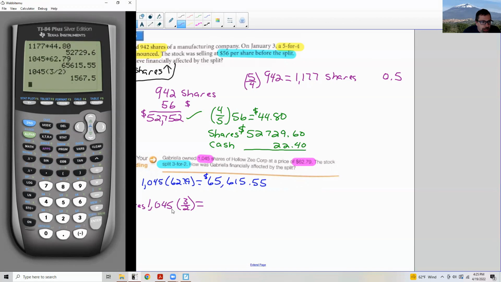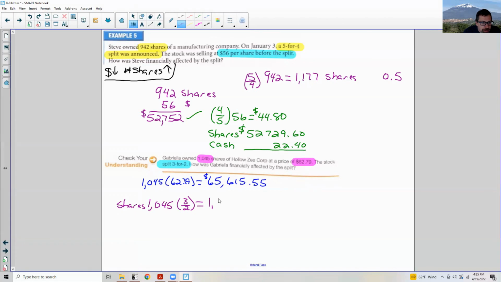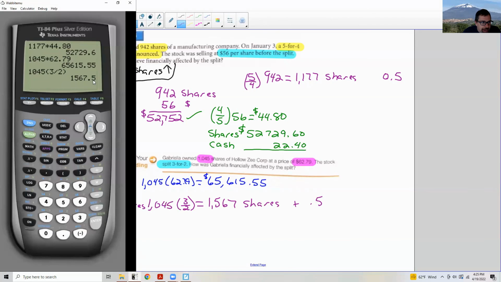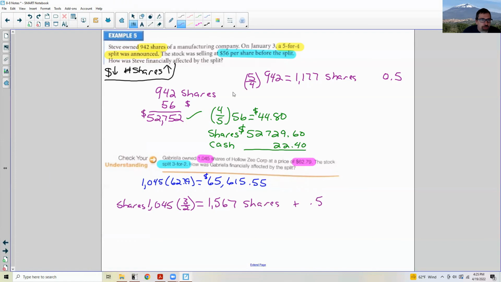It's going to come out to be 1,567 shares plus 0.5. Okay, that was also a decimal. There's a half a share there. She can't have a half a share. They will give her the cash for it.